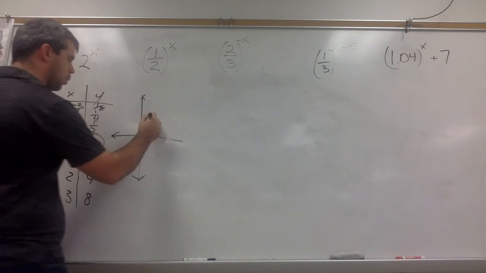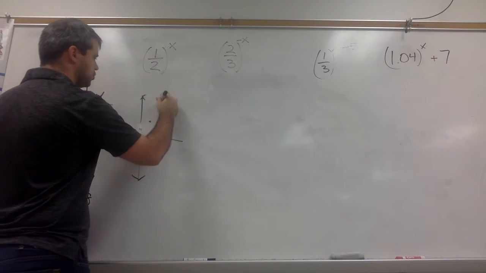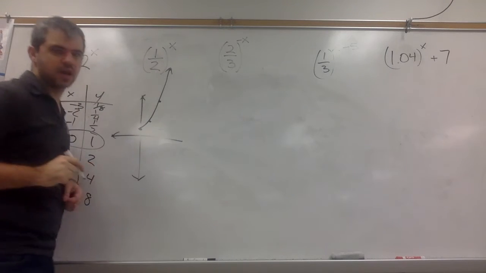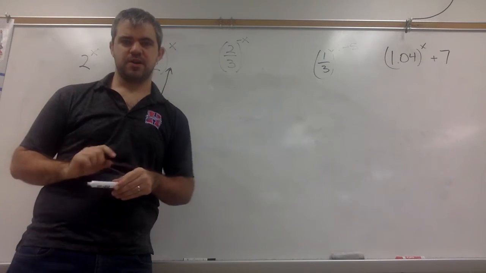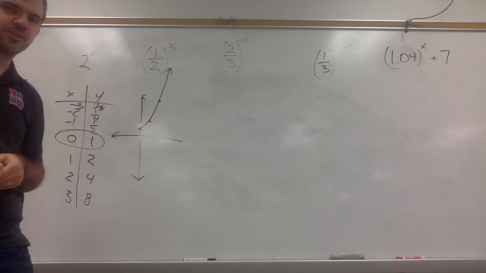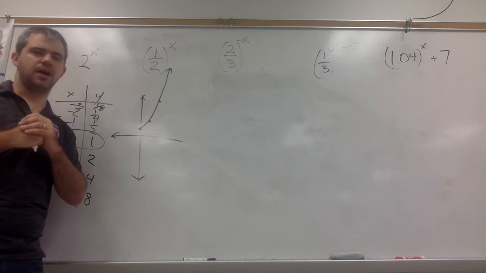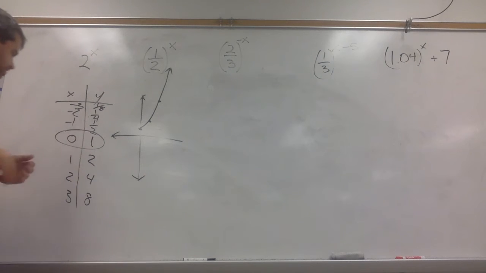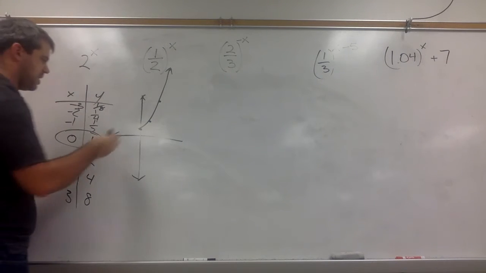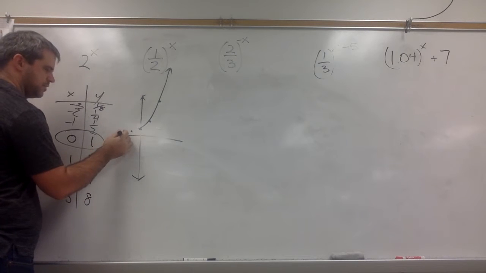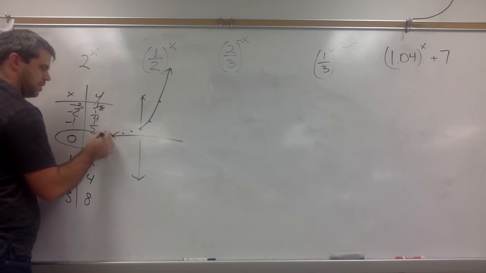And then we have 1, 2, 2, 4, 3, 8. Okay, this guy is going to shoot off. It's going to grow much faster than our quadratics or our cubics or any of that. If we go the other way, I have negative 1, 1/2, negative 2, 1/4, negative 3, 1/8.